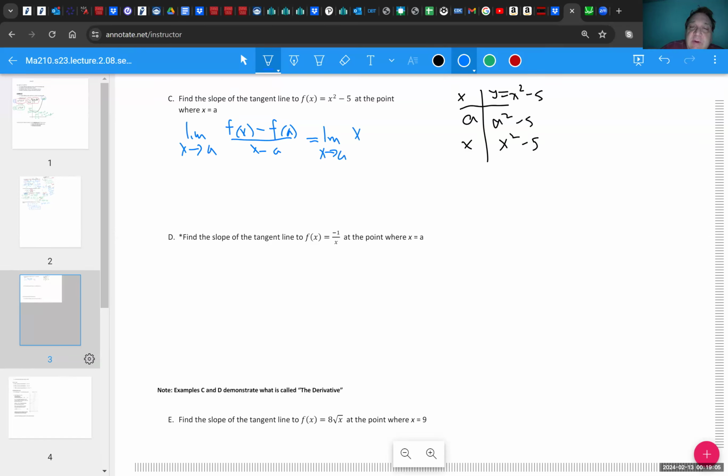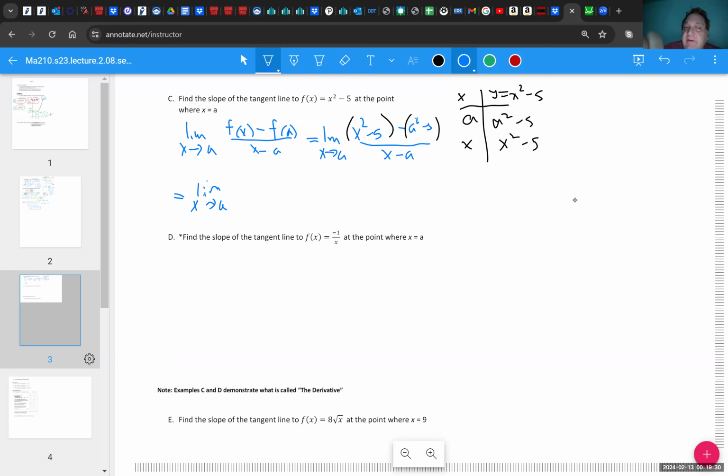f(x) is x squared minus 5, and f(a) is, fascinatingly enough, a squared minus 5. And the bottom is x minus a. Similar steps, a little bit more letters to write down, but just follow the algebra and you'll do fine.